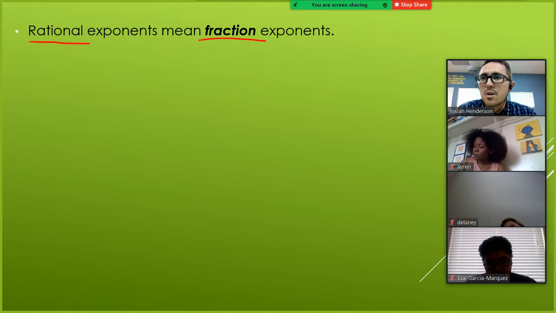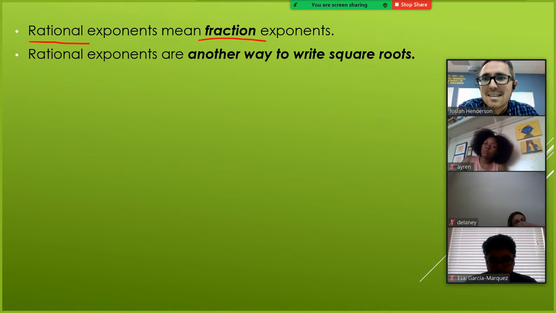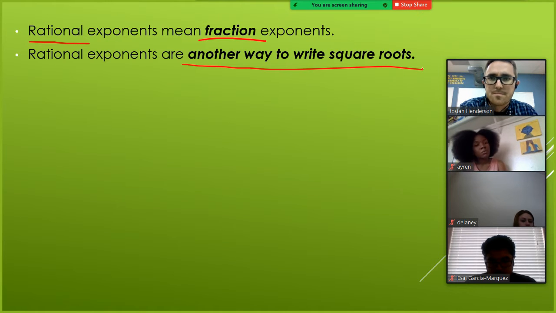Last week we did a lot of whole number exponents. We saw negative numbers as exponents. We saw zero as an exponent. And now we're looking at what it means to have a fraction exponent, and it has to do with doing square roots. So rational exponents, fraction exponents, it's another way to write square roots.